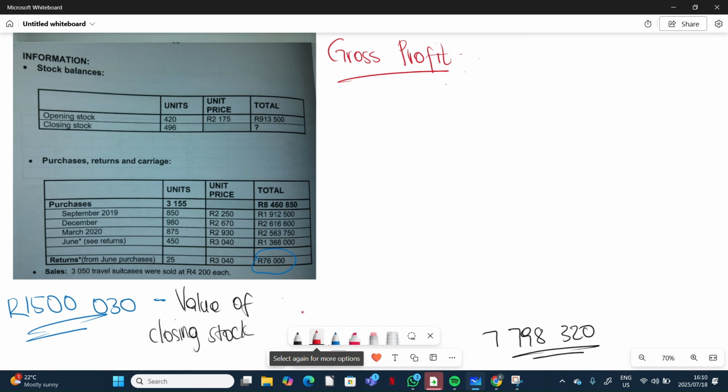With your income statement, how would you get your gross profit? We got our gross profit by saying our sales subtracting our cost of sales. Right. This is how we got our gross profit in our income statement. And that's the same thing that we are about to do here.